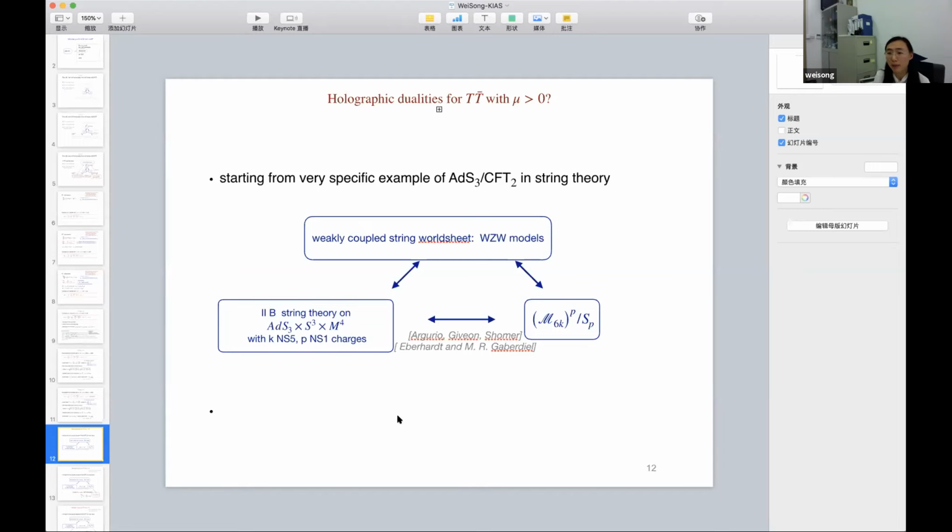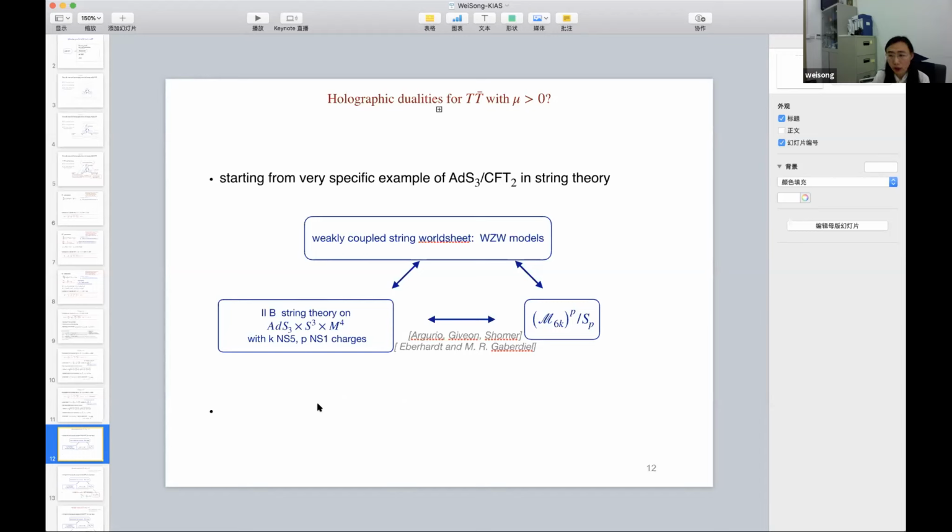And we have some NS fluxes, and we have basically k NS5 branes and p NS1 brane charges. So on this background, there is a proposal for the holographic duality.